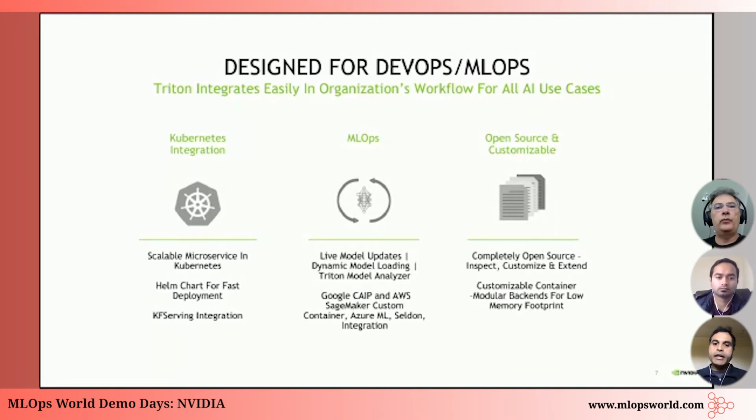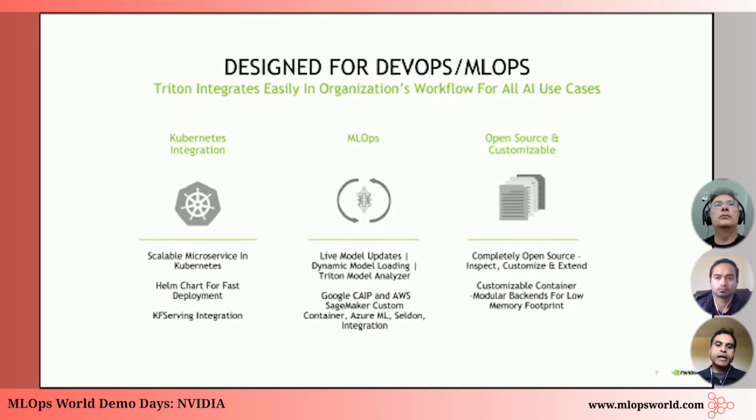While Triton is out in production serving these models, the models may be updated based on new data or a new algorithm. They can be updated in Triton without restarting the application or your service itself. So you basically get zero downtime in your production.